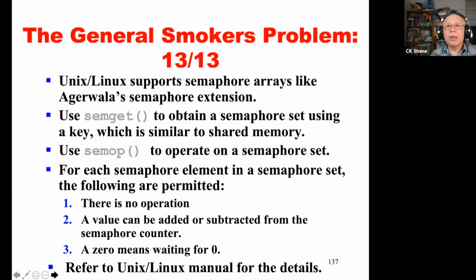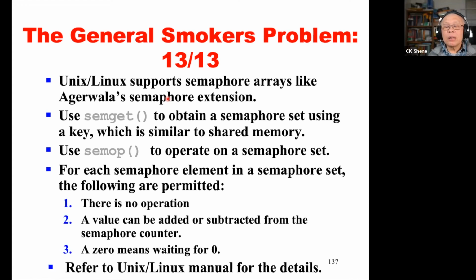That is in Unix. Starting with Unix System 5, the semaphore capability started to appear. But unfortunately, the semaphore implemented in Unix and currently Linux is not what we are used to.